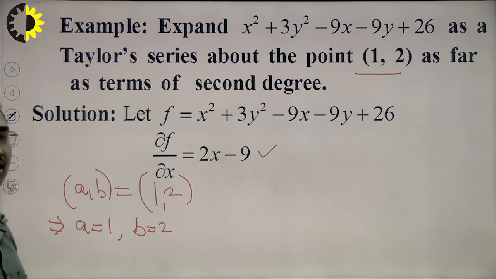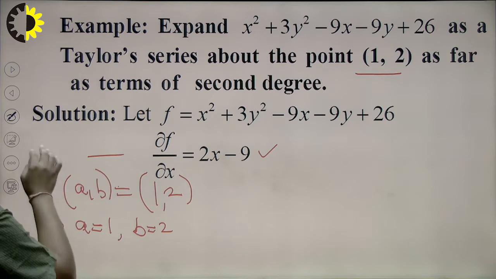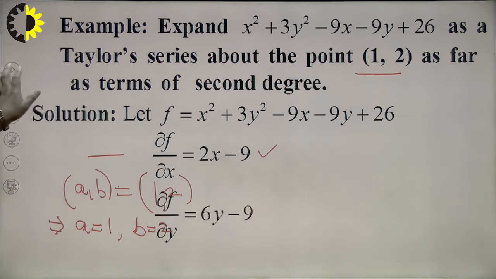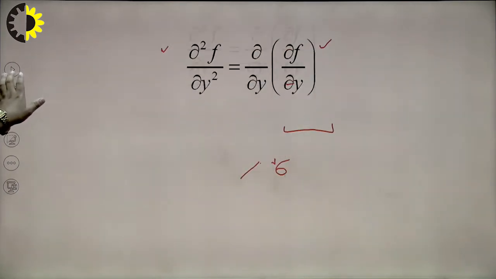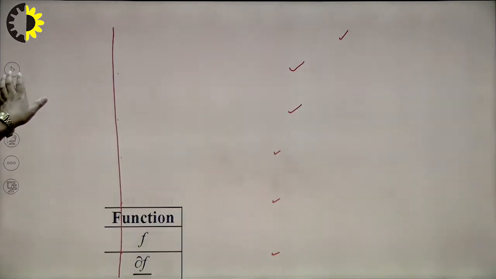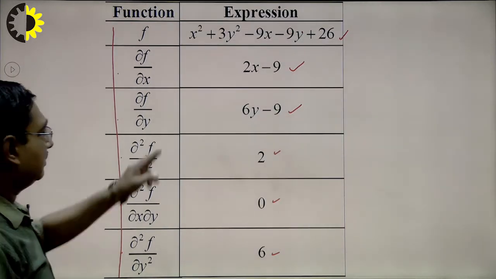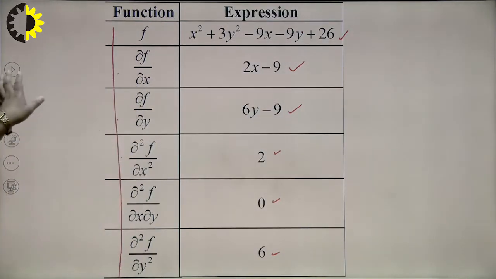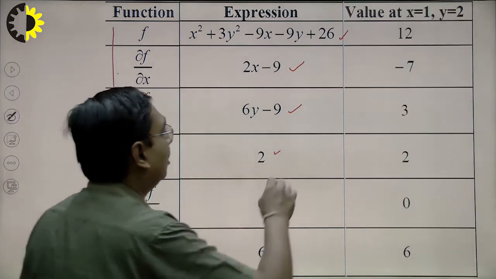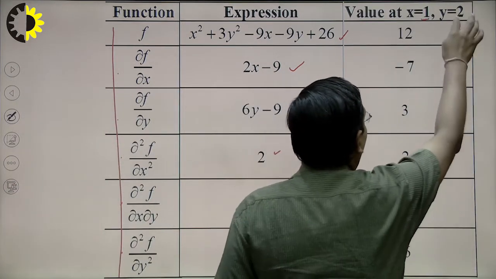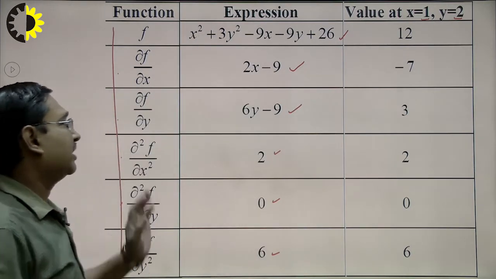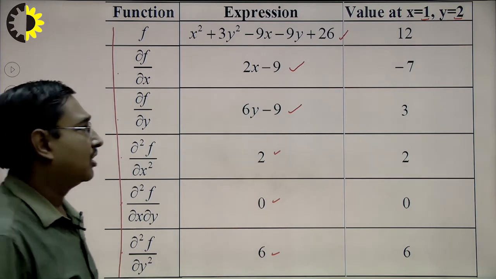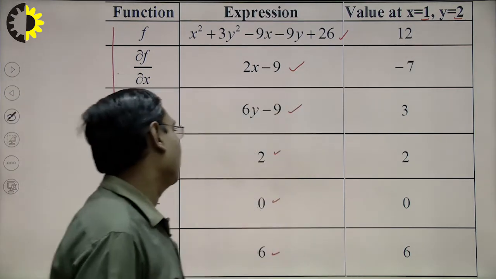These values of a and b will be substituted for x and y in our table. These are our expressions. Because the value of a was 1 and the value of b was 2, each of these expressions is being calculated for x equal to 1 and y equal to 2.